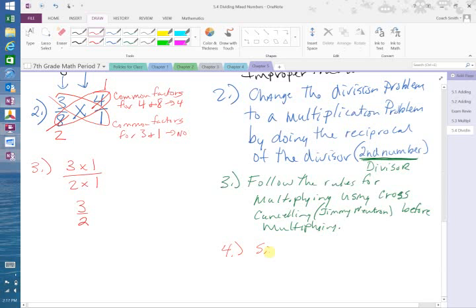Step 4 is simplify your answer. In this case, simplify means I have to divide 2 into 3. It goes 1 times, be 2, remainder 1. Place that 1 over the 2. So 1 and 1/2.